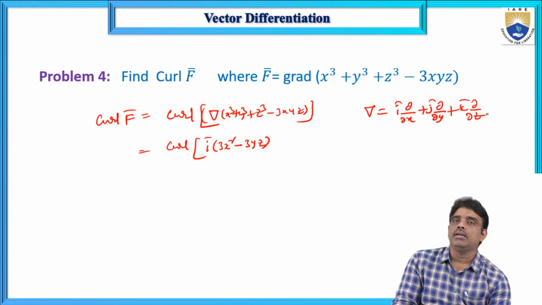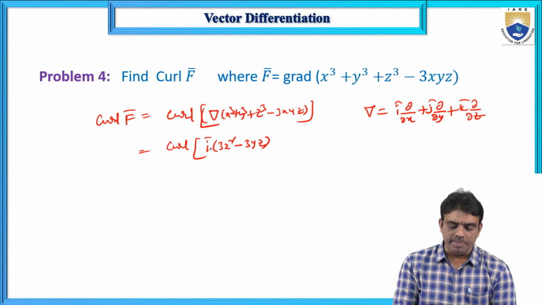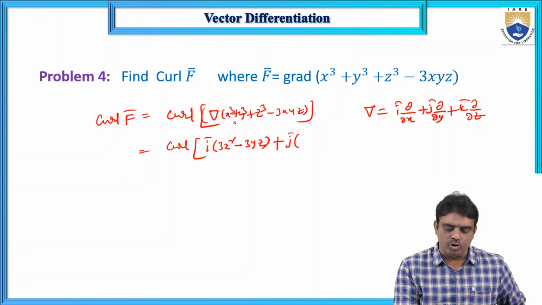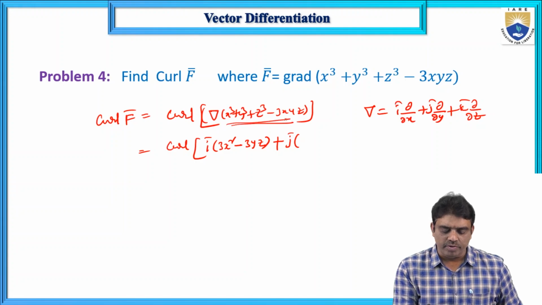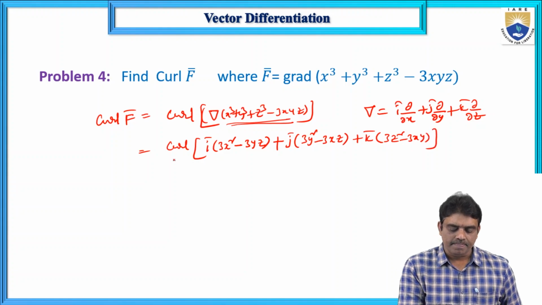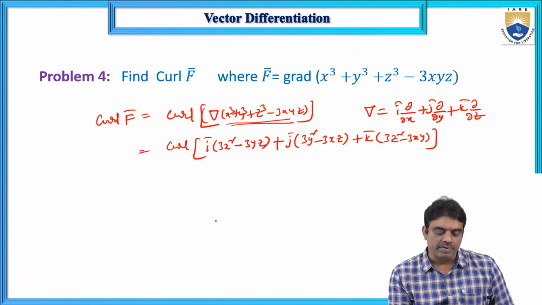So operating del on the function x cube plus y cube plus z cube minus 3xyz, i bar into the derivative of x cube, 3x² minus 3yz, plus j bar into ∂/∂y of the entire term, 3y² minus 3xz, plus k bar into ∂/∂z of the entire term, 3z² minus 3xy. This is the vector gradient of the given function.